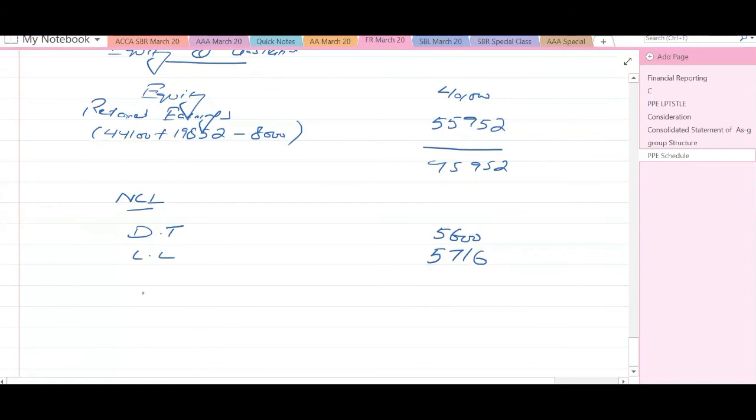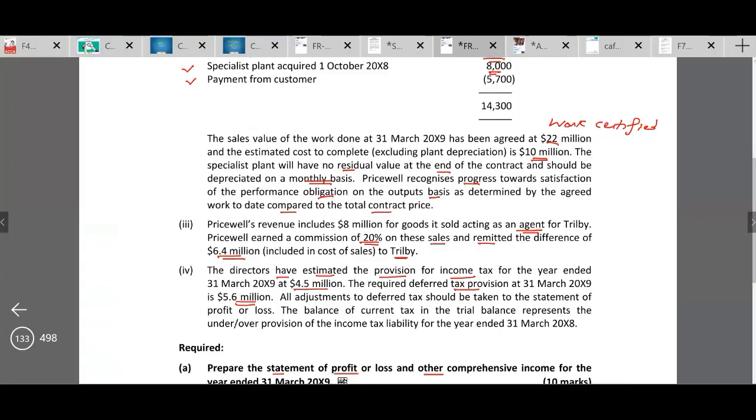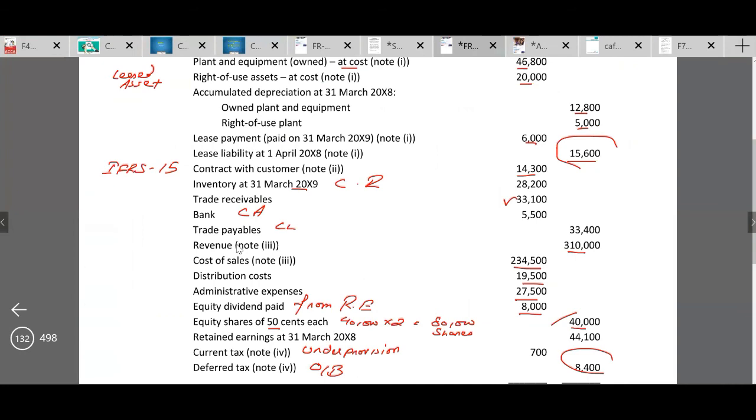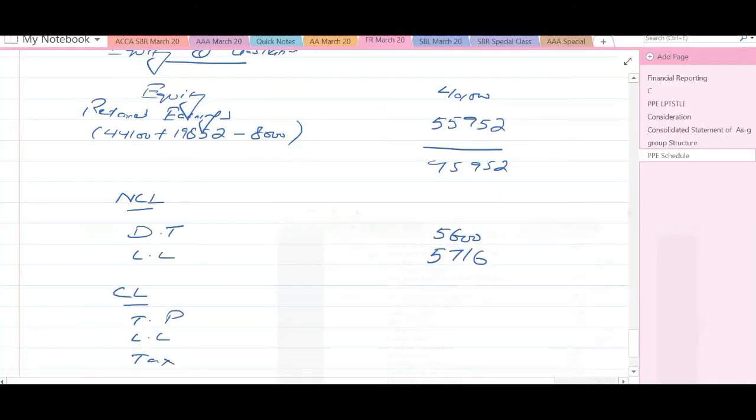Then you have the current liabilities. So you have the trade payables, the lease liability, and the tax. Trade payables in the trial balance, 33,400.